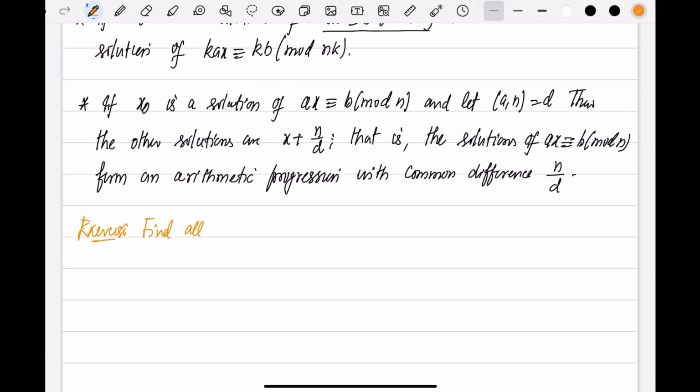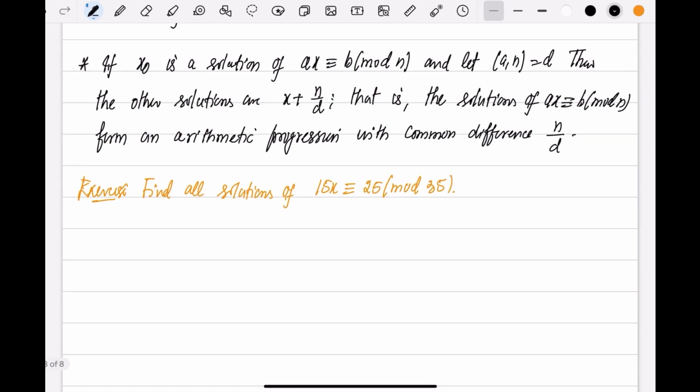Find all solutions of 15x congruent to 25 modulo 35. We will use all these above properties of congruences to solve this exercise.